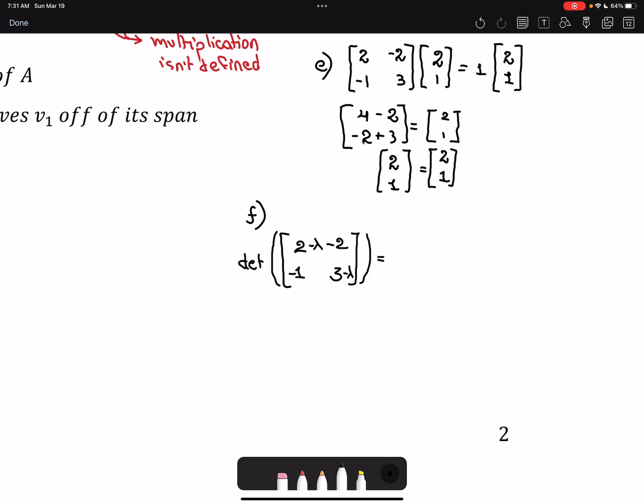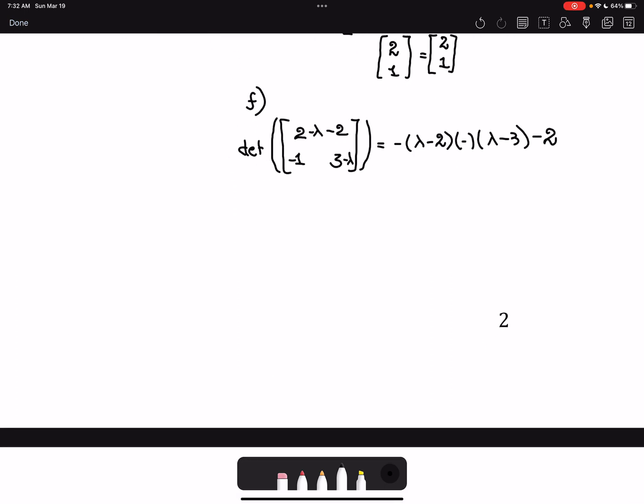Let's see what we get. I'm going to take out a negative sign and factor it out from both of these. And then we have minus 2. So let's see. The negative signs will cancel out.